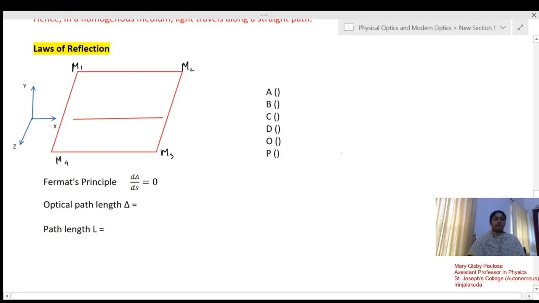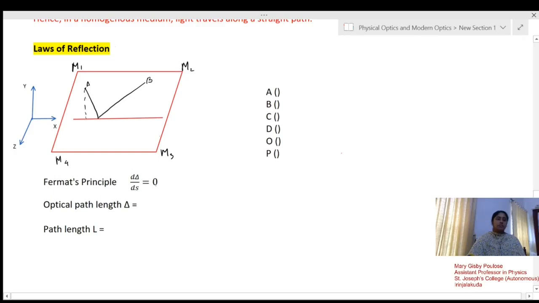Light from point A is falling upon this plane and gets reflected to a point B. Okay. I'm going to draw normals from A and B towards this plane.